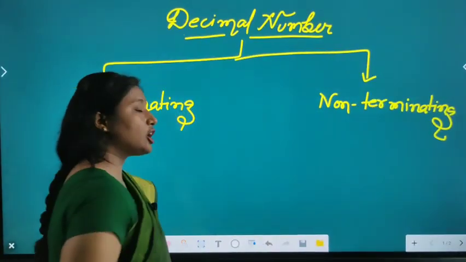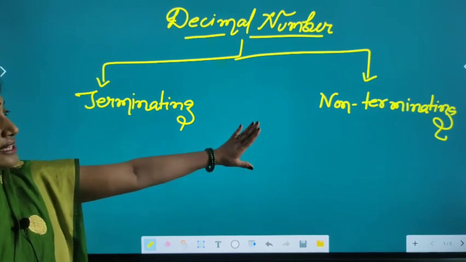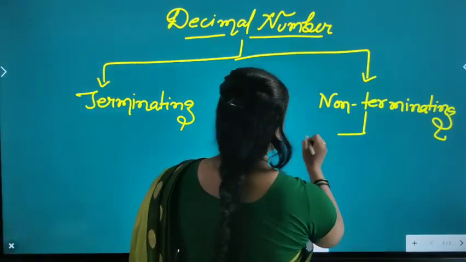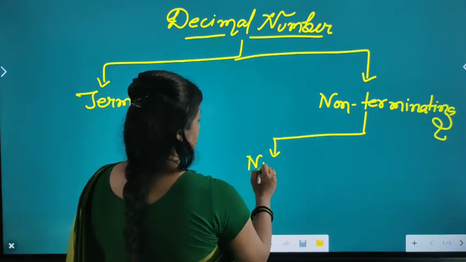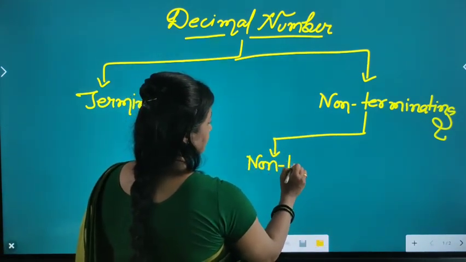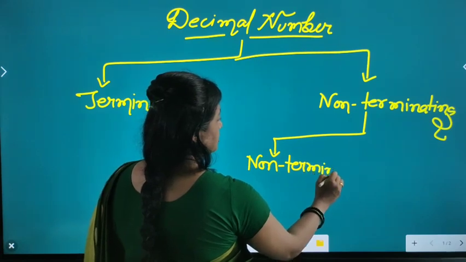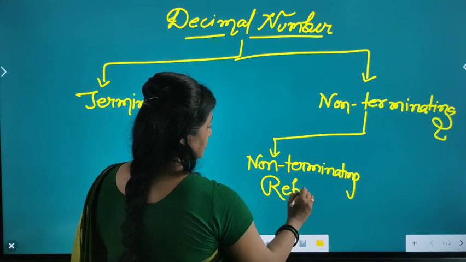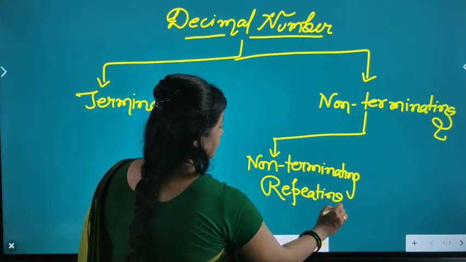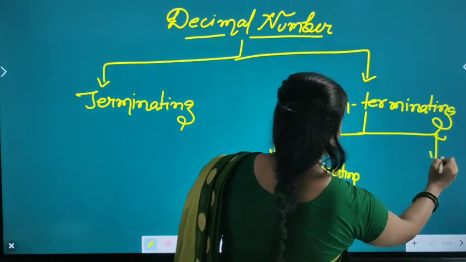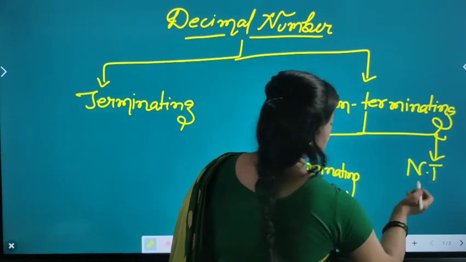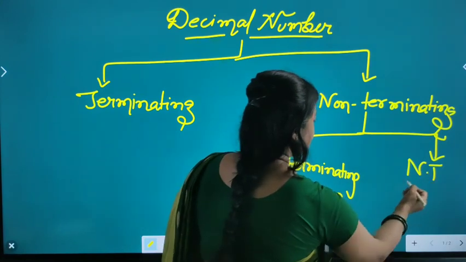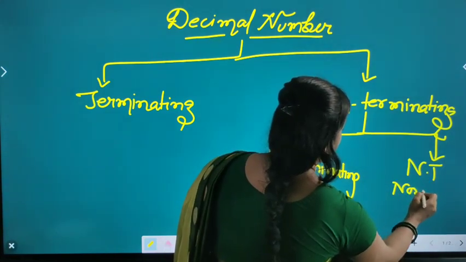Now, non-terminating again divides into two parts. One is non-terminating repeating. And the second is non-terminating non-repeating. I have written it in short because space is very less.